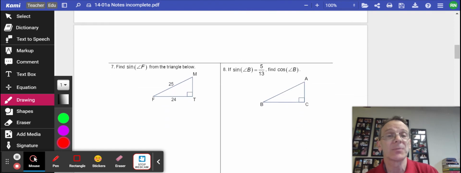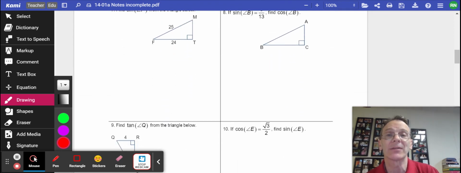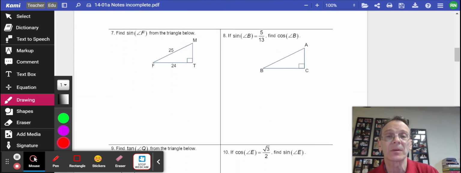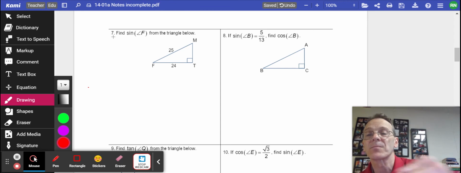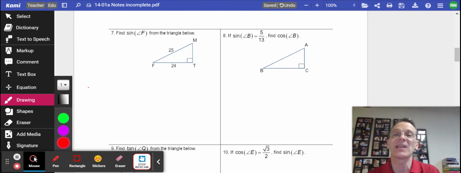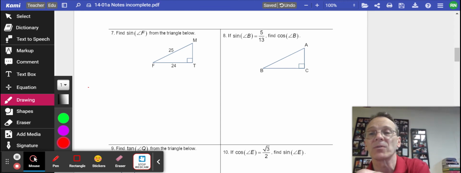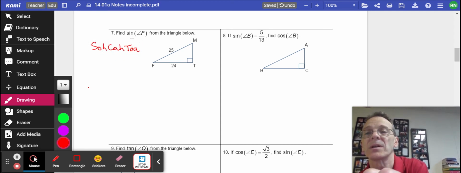All right, there are some other problems on the homework that look like these on this page, and they're a little bit more involved. So for number 7, for instance, let's find the sine of angle F from the triangle below. What's my memory aid? SOHCAHTOA. Sine of angle F, right here, these 3 letters.